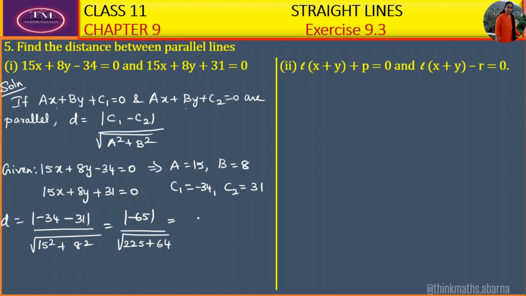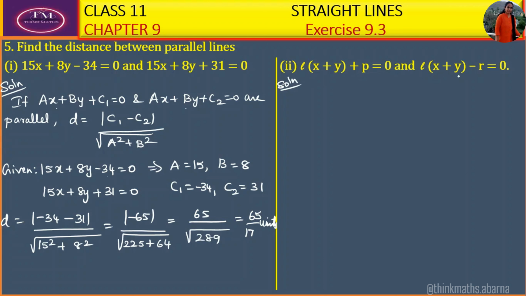So modulus of minus 65 will become plus 65 divided by root of 225 plus 64. It is 289, and 289 is the perfect square of 17. So it is 65 by 17 units. So this is the distance between the two given parallel lines. Okay, clear? So shall we move on to the second part.